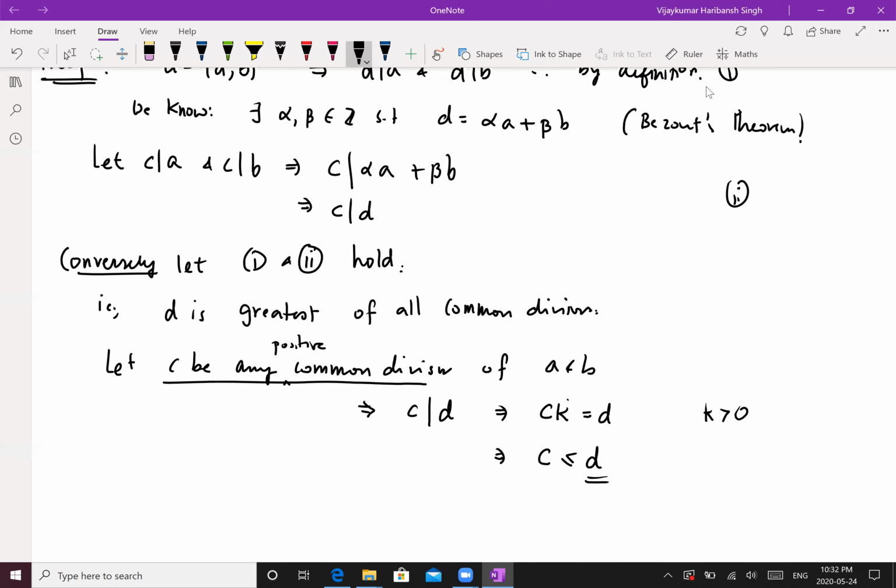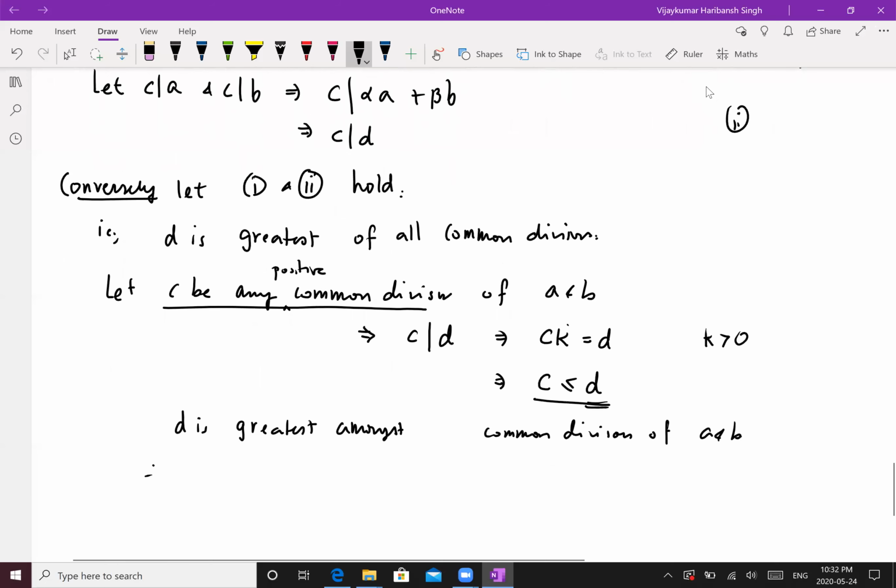If I want to read this statement, I would say D is greatest among common divisors of A and B. Therefore, D equals GCD of A and B.